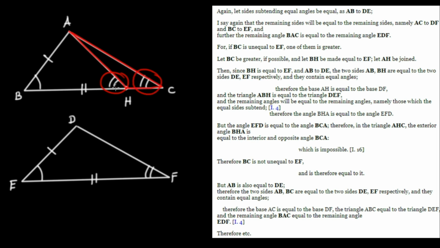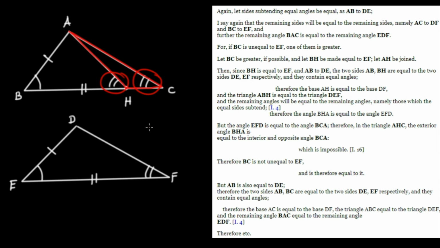So notice that this exterior angle over here, that's an exterior angle of this triangle, that's now equal to one of the interior and opposite angles. But recall, we proved that that's impossible in proposition 16. This exterior angle is greater than both of these opposite and interior angles. Hence, we have an absurd situation here in this diagram.